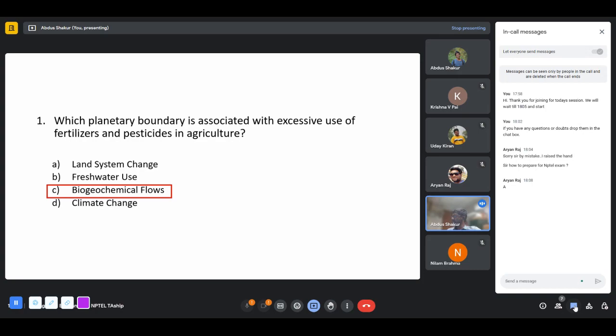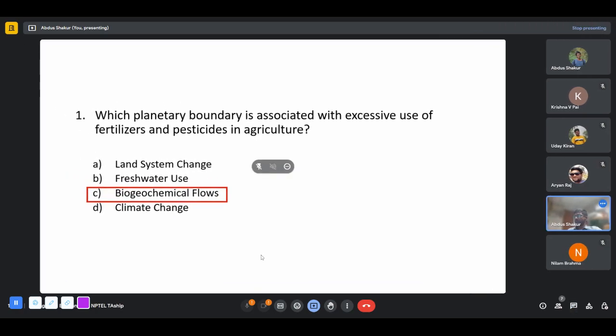So this is from the previous assignment. What happens is we are adding elements which are generally found in lower concentration. We are increasing the concentrations from what is ideal. We are not changing the land use here. It's not about changing the land system, like if you are cutting the forest and converting it to agriculture, then it would be land system change.